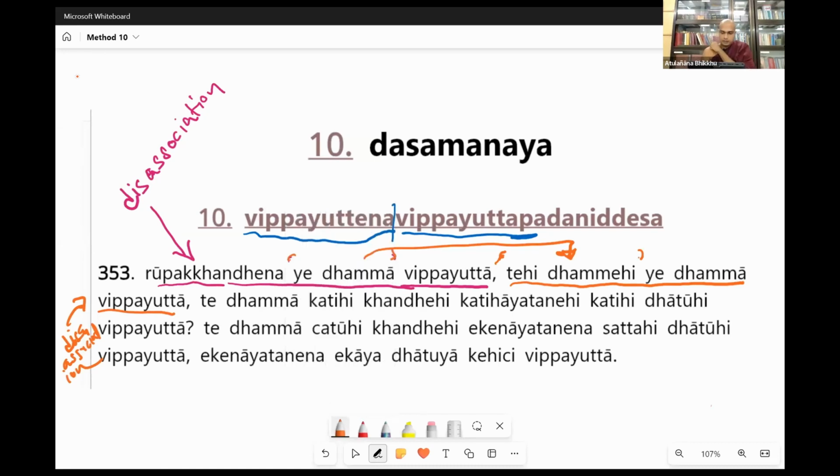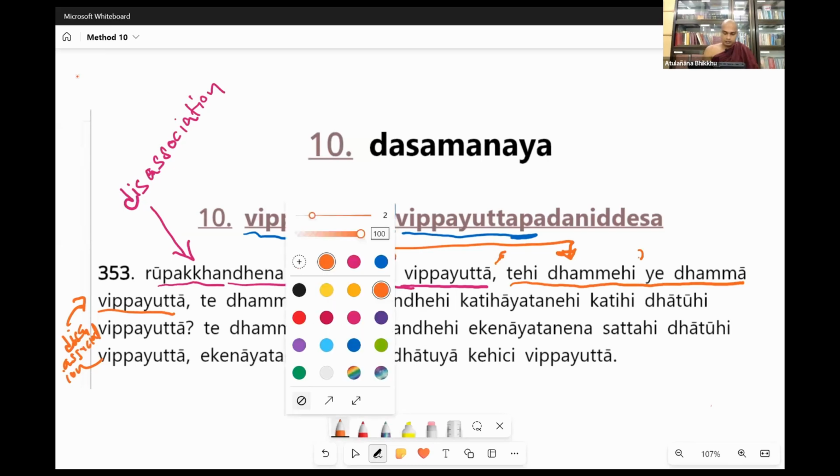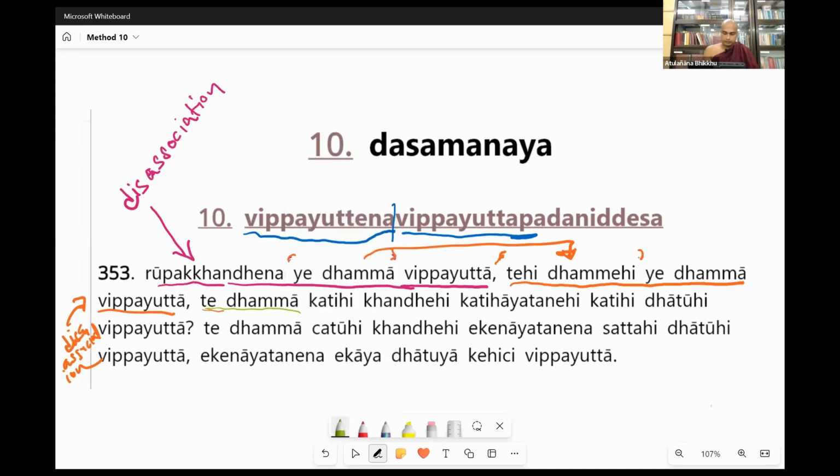In the third part, the question comes as te dhamma katihi kandehi katihi ayatanehi katihi dhatuhi vipayutta. So this is the question.